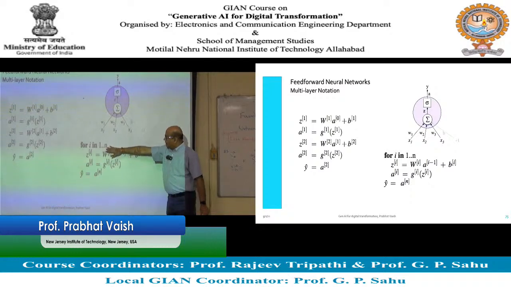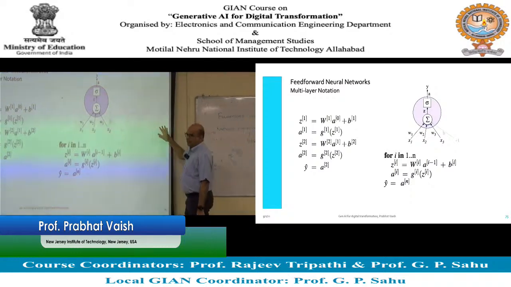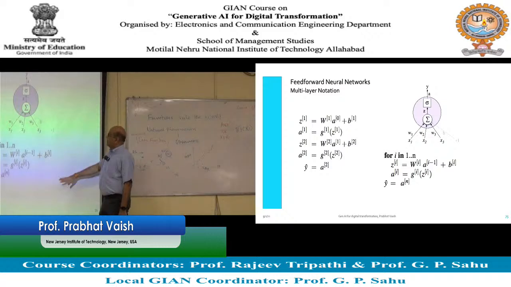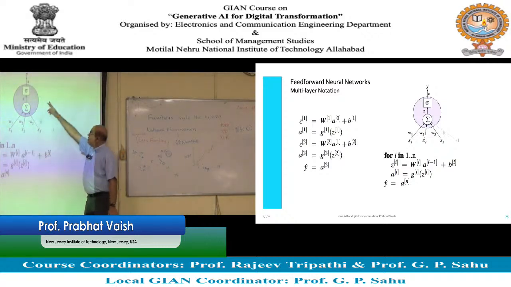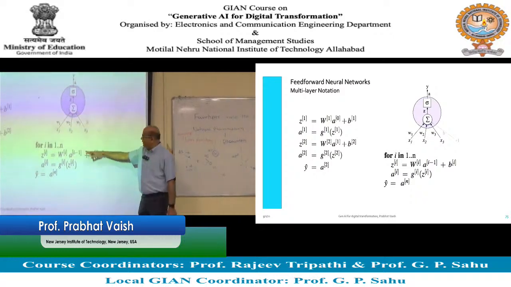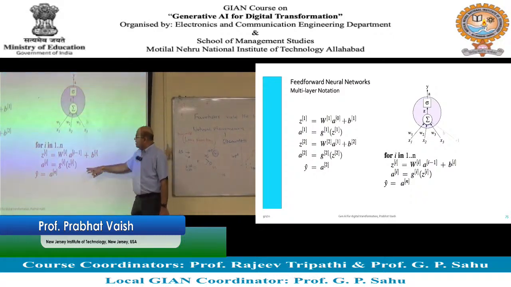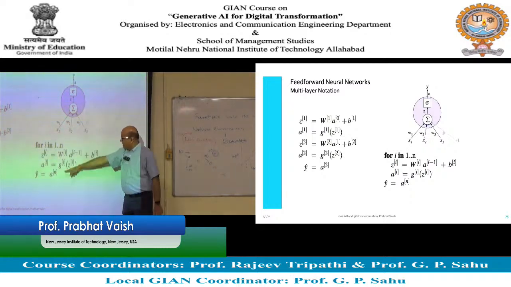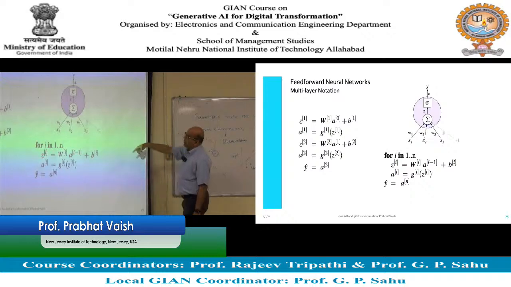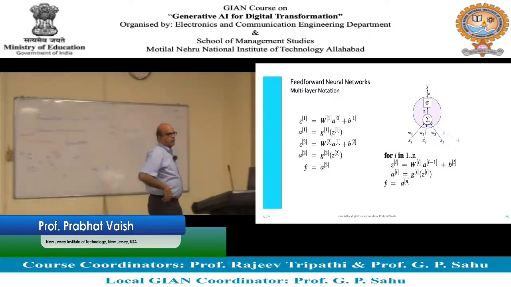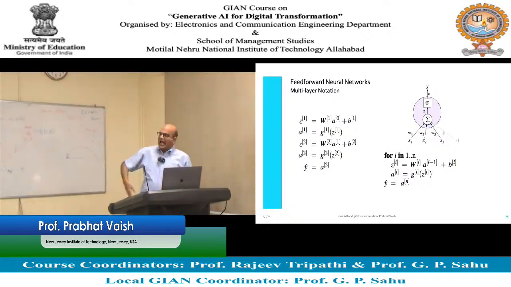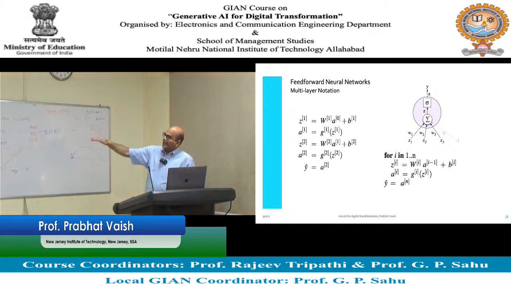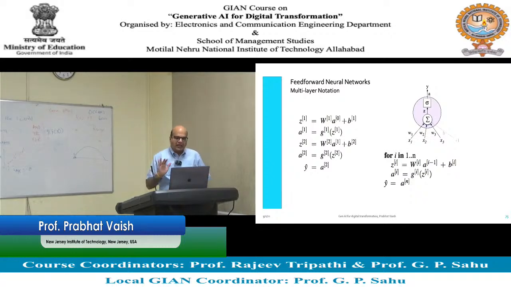So 1 to n, that's the number of input neurons that you have. You calculate the z, which is a function at the output, which is weights multiplied by whatever the input values are, adding the bias, pass it through the activation function, and that gives you the output. This could be a single scalar value, or it could be a vector in itself. That is just happening at each layer if you think about it. So that's the simple calculation that's happening.